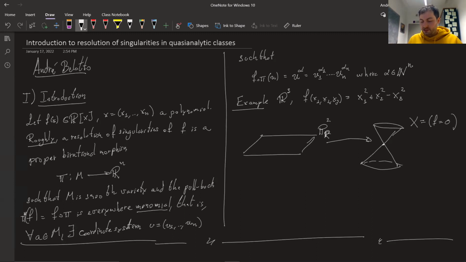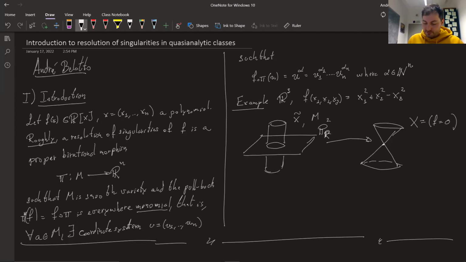Of course they have the infinity, but the idea is that if you replace the point by the projective space, then you are separating all of the possible directions, and we're going to get a cone which is going to be smooth. So we have the variety M, we have our cone here, X tilde, given by the pullback of this f, and now we have some sort of parametrization of the cone by the cylinder.